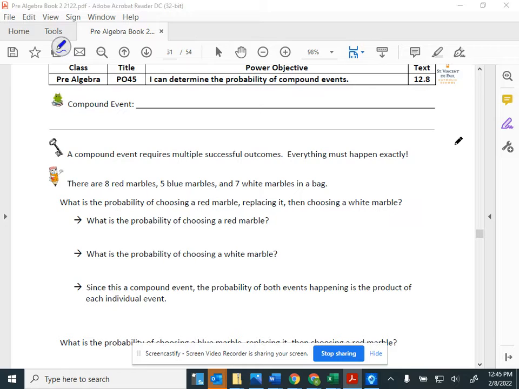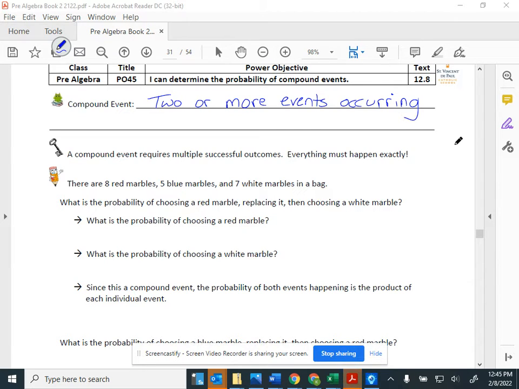So a compound event is two or more events occurring. A compound event requires multiple successful outcomes.